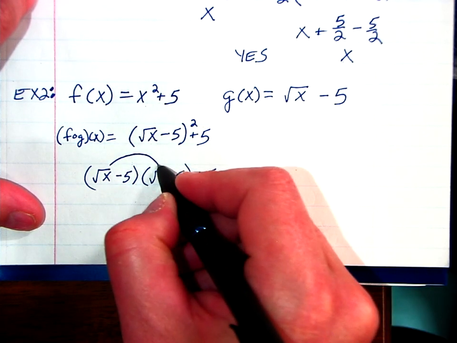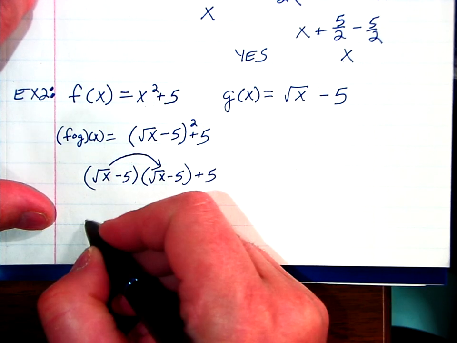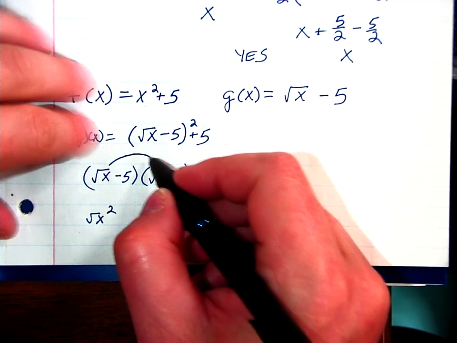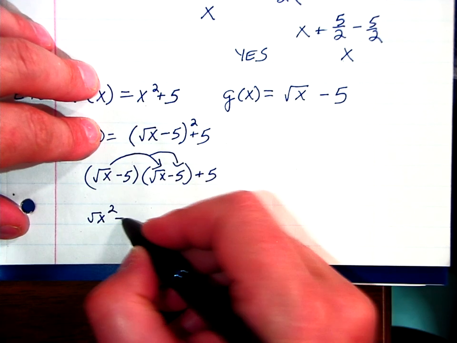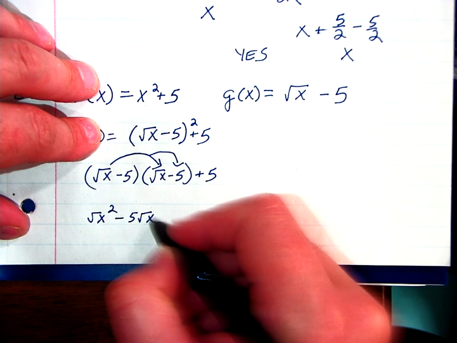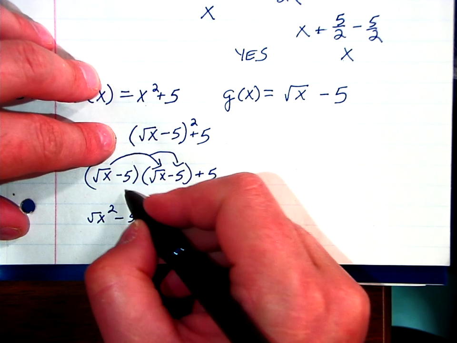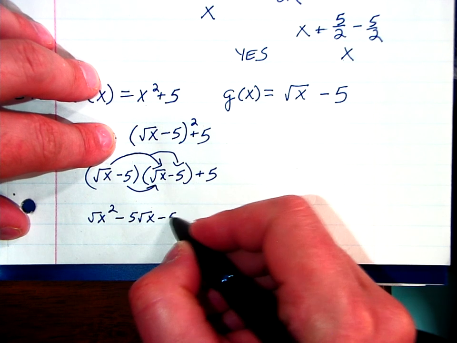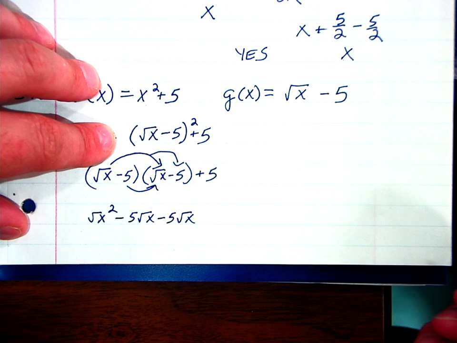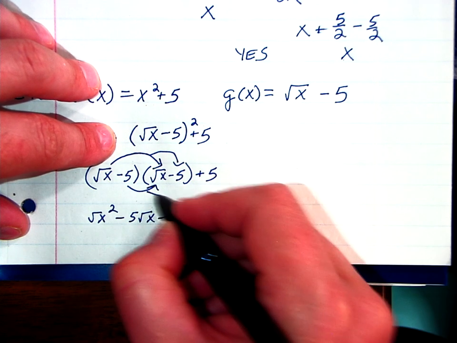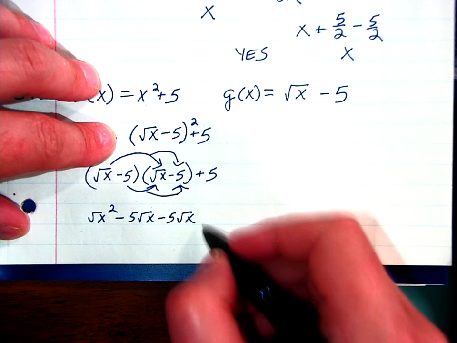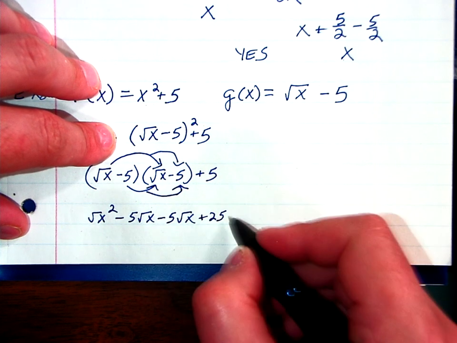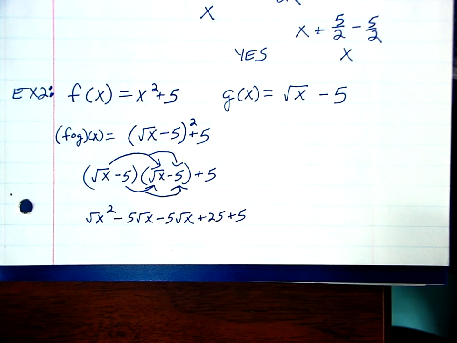Square root of x times square root of x is square root of x squared. Square root of x times negative 5 is negative 5 square root x. Negative 5 times square root of x is negative 5 square root of x. Negative 5 times negative 5 is positive 25. The plus 5 does not go away. It's still there.